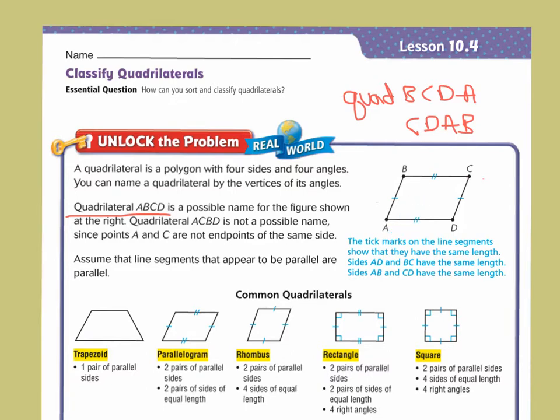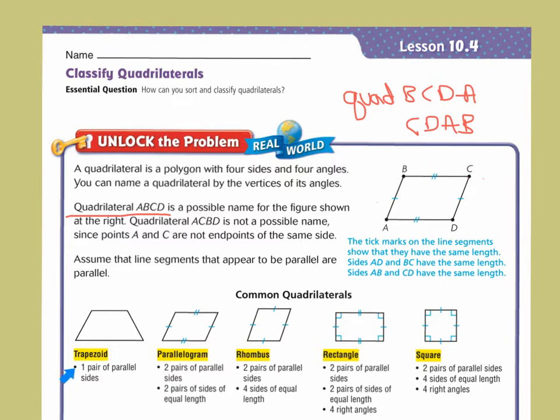Let's look down here at some common quadrilaterals and be really mindful of this bottom section. It lists all of the different characteristics, or attributes, which is a really good word. You might see that a lot when we're talking geometry. These are all the attributes or characteristics of these particular quadrilaterals. Let's start here with the trapezoid.